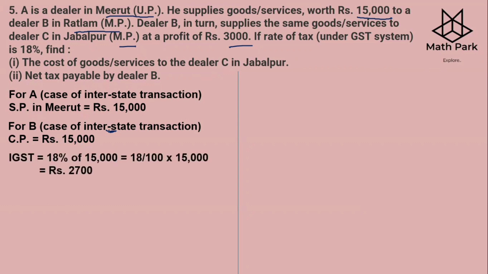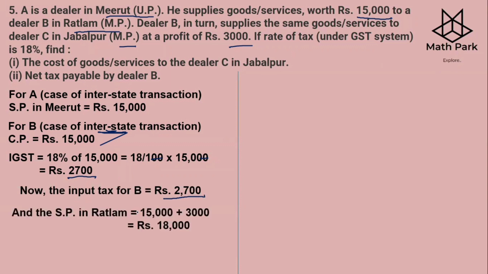So IGST, because it is interstate, we are going to calculate IGST is 18% of 15,000, 18 by 100 times 15,000. So 18 times 150, we get 2,700 is the IGST. And now the input tax for B at the time of purchase, B is purchasing from A. It is 2,700.